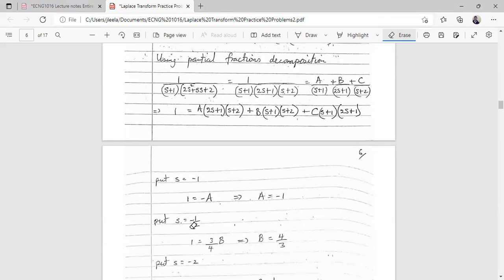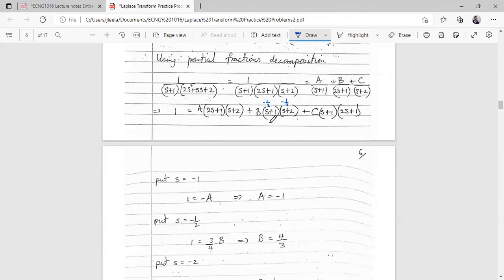Then when we put s equal minus a half, this term here will drop out because this will be 0 and this last term here will be 0. So the middle term will survive. So minus a half, think about that. Work it out mentally. Minus a half and minus a half.